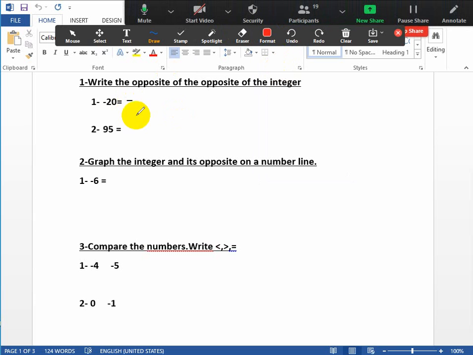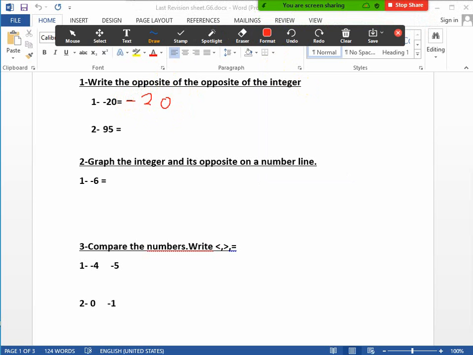It's also negative 20 because the opposite, you have to save it. Thank you, Asma. The opposite of the opposite of any number equals the same number with the same sign. Okay? Now, what is the opposite of the opposite of 95?